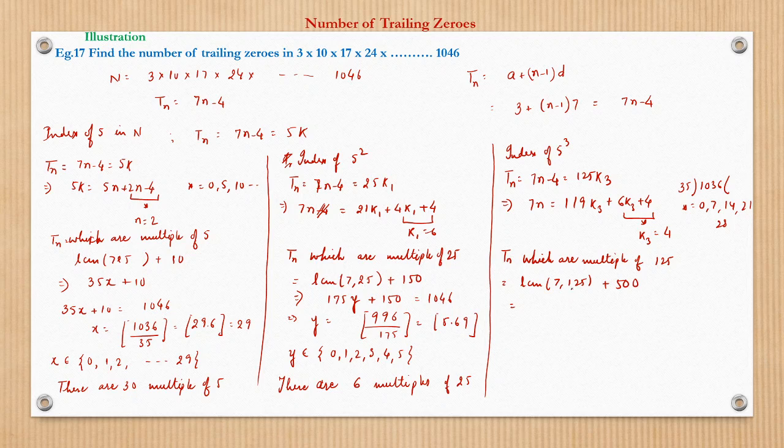So this is nothing but 125 times 7, which becomes I think 875, so 875z plus 500, this will equate to 1046.